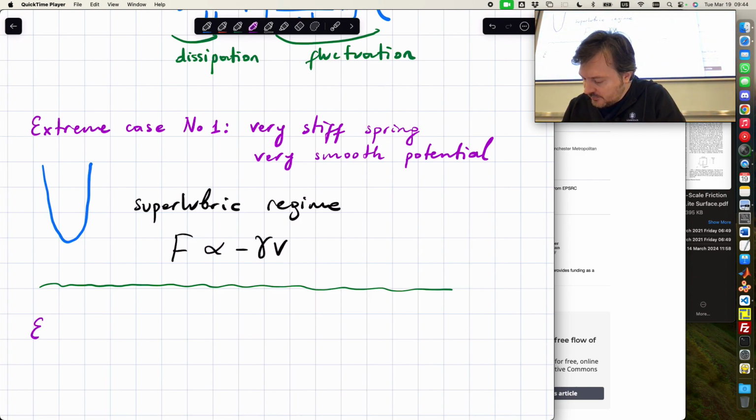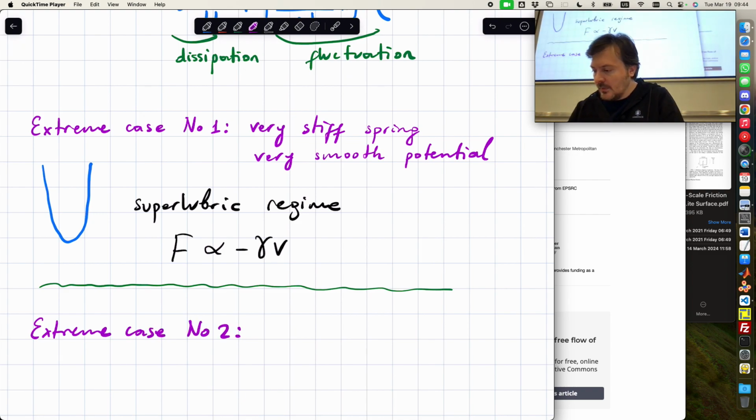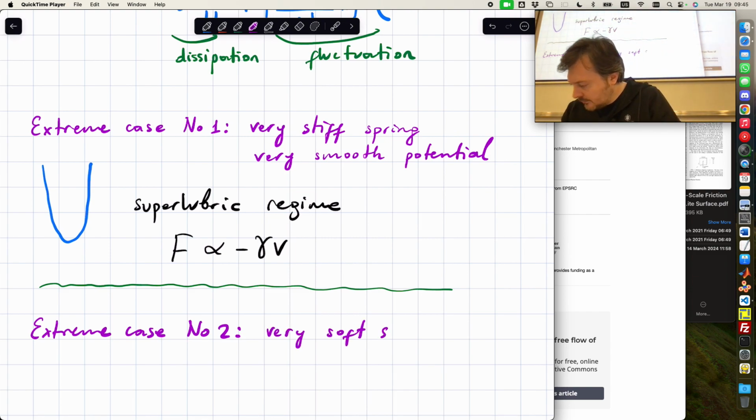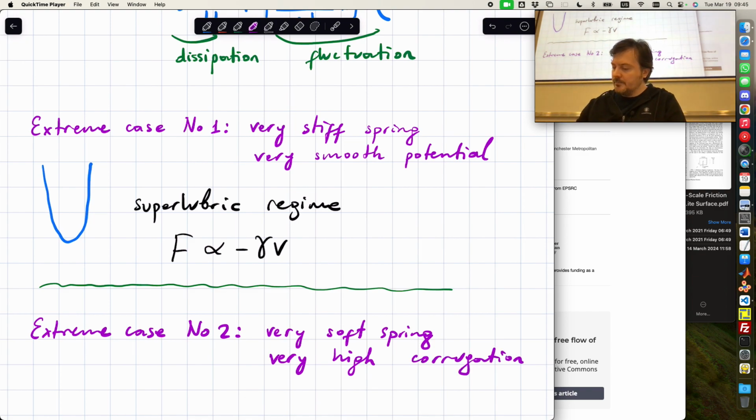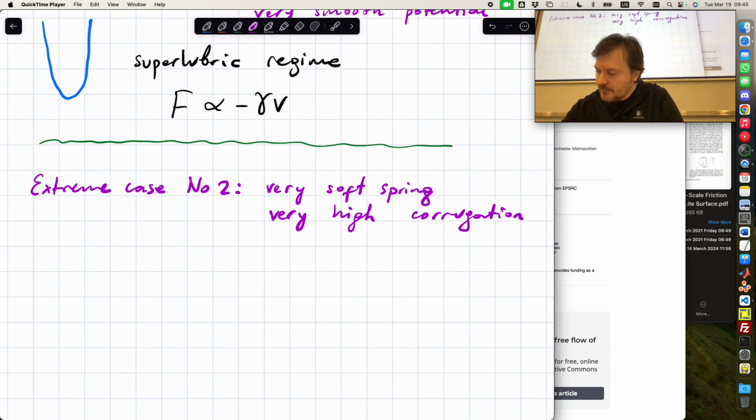Extreme situation, case number 2. Very soft spring, very high corrugation. Okay, this time your spring potential looks like this.